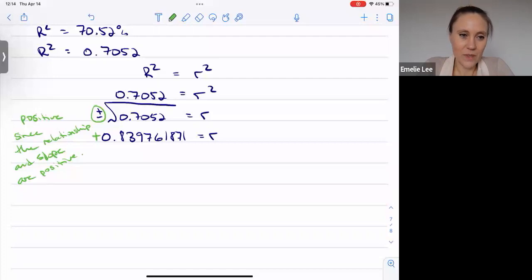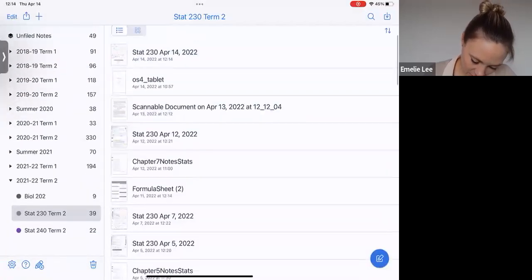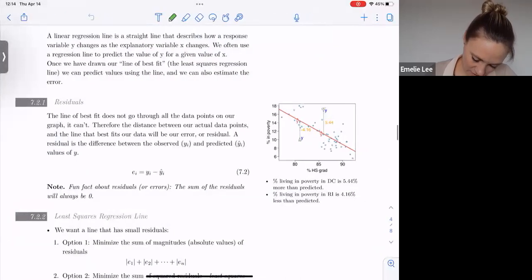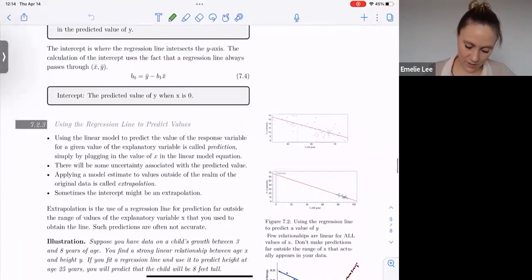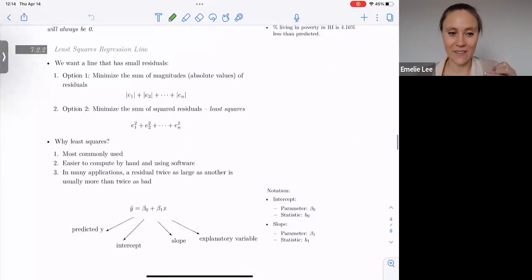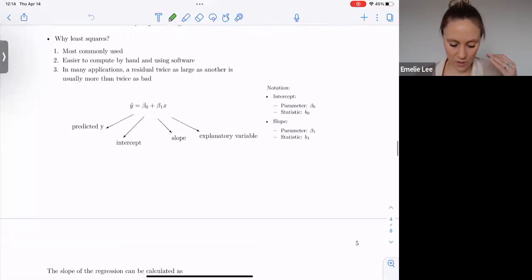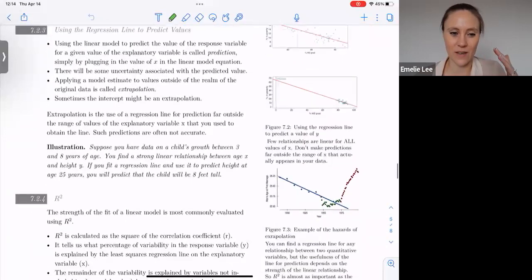So let's see here. Last thing I wanted to do. There's a lot of other things about what we talked about today, and I do talk about them in way more detail in the notes. If you find it helpful to flip through these notes, then that's great, right?